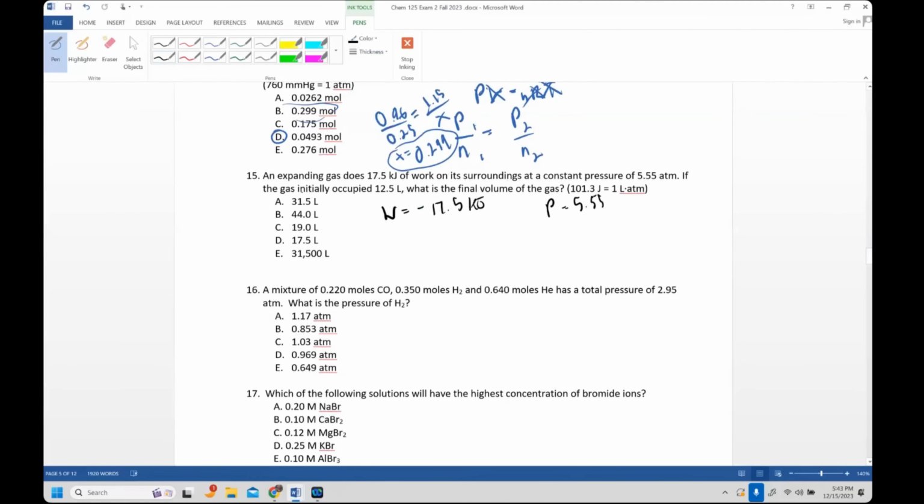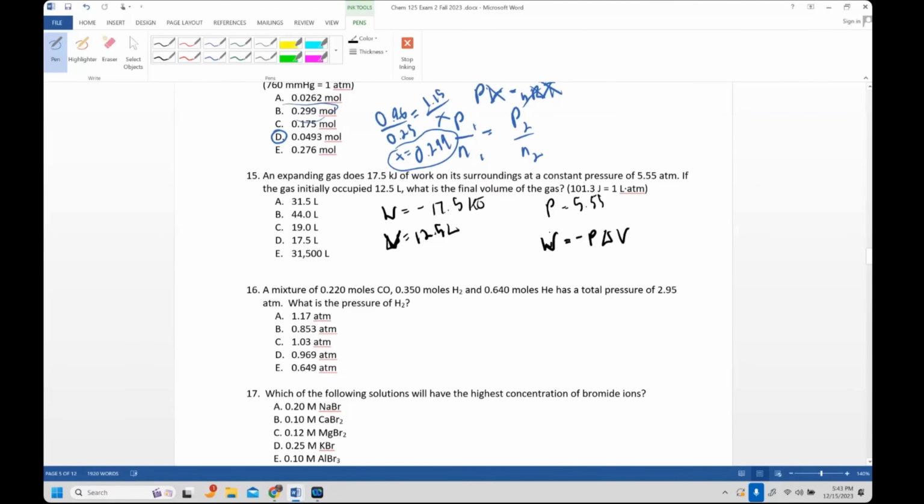If the gas initially occupied a volume of 12.5 liters, what is the final volume of the gas? Okay, so we know that work equals negative P delta V.